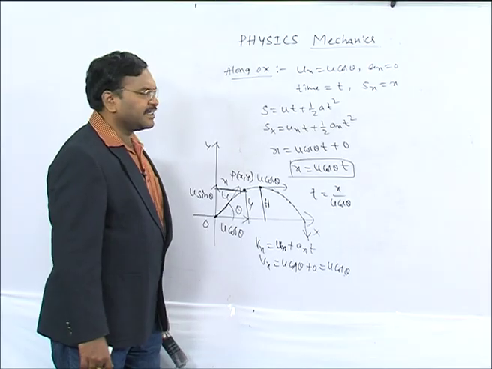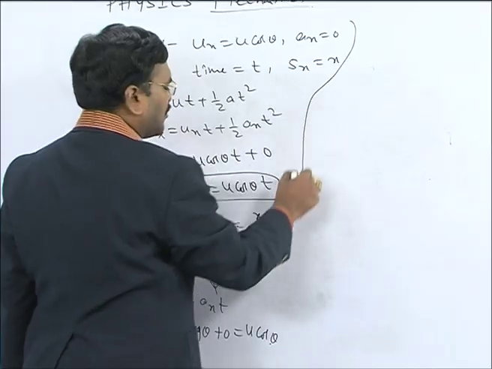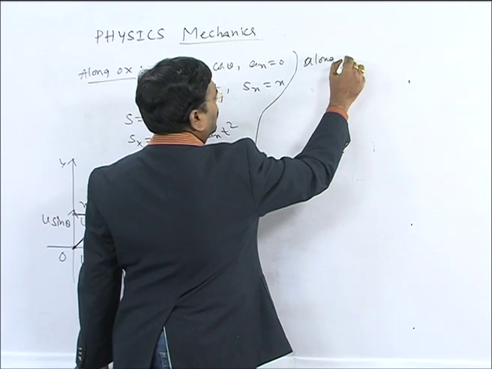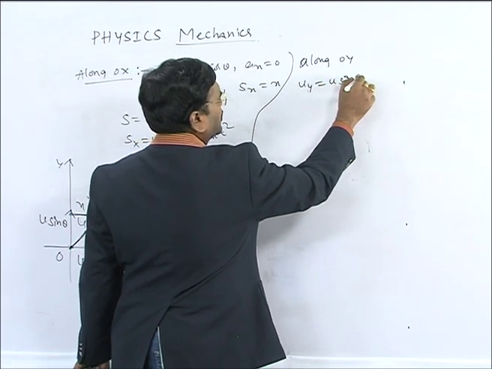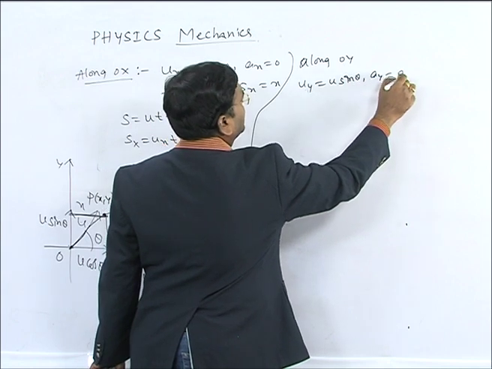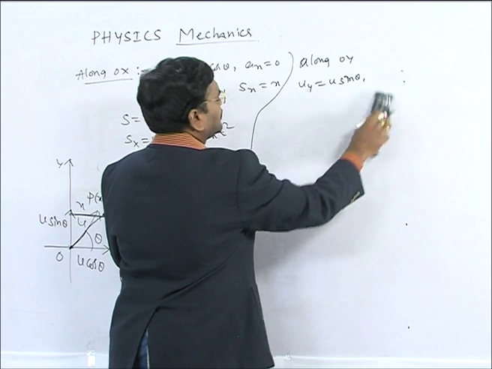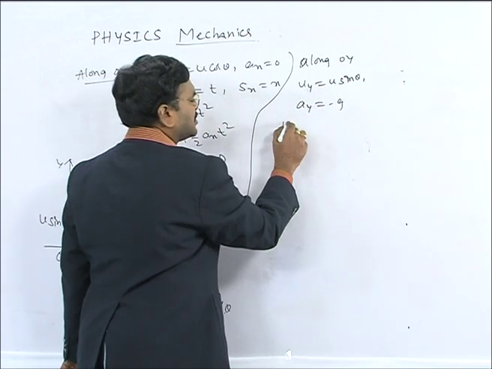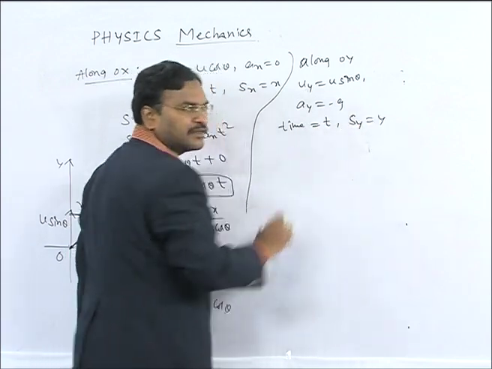Again we calculate the vertical displacement of a projectile. Along Oy, the vertical direction, Uy is u sin theta and Ay is minus g. Time is t, and Sy is equal to y.